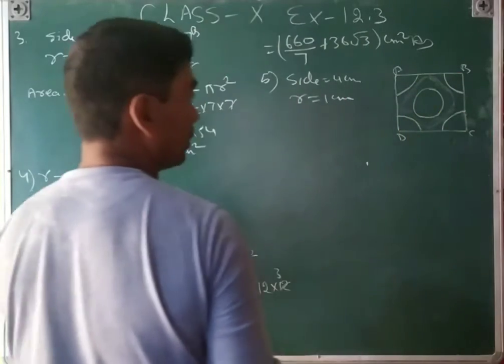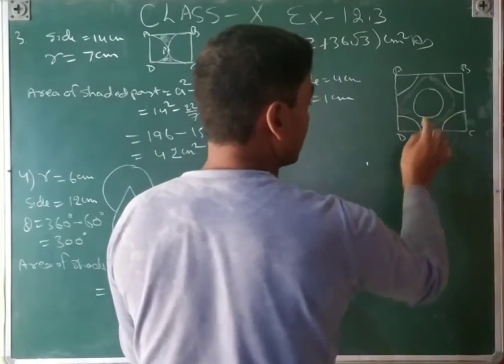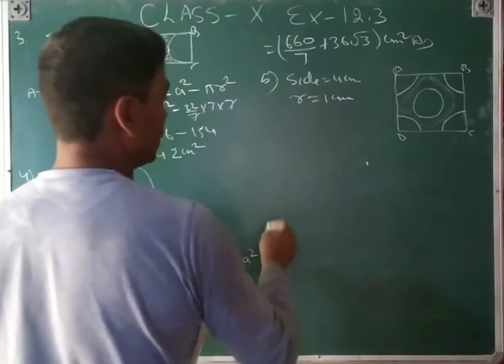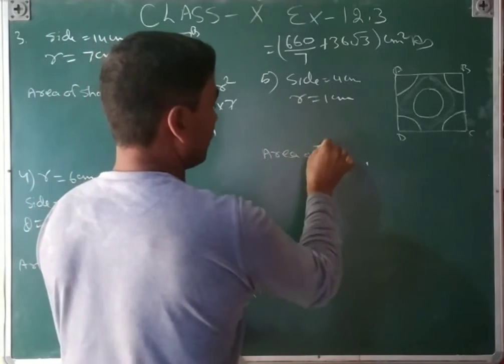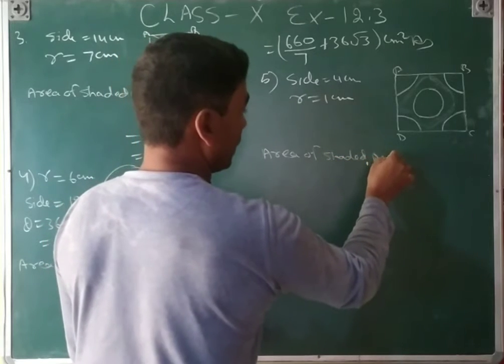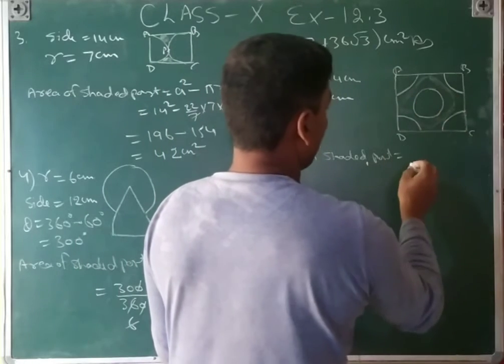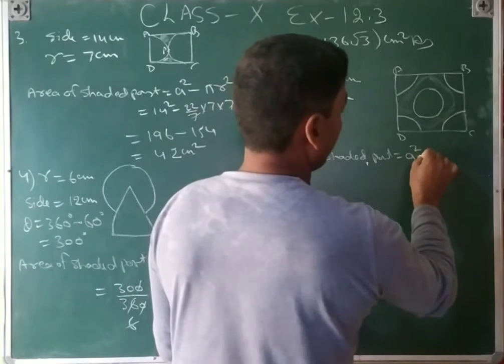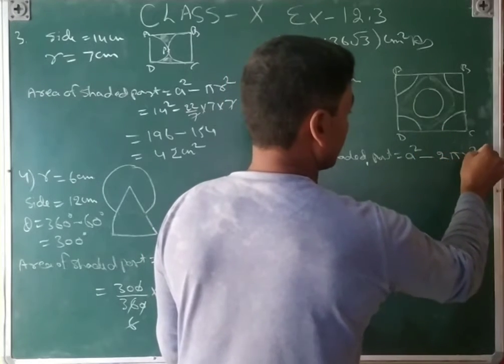So here we are looking at 4 quadrants. That means one circle and then one circle more, that is 2 circles. So area of shaded part is equal to area of square minus area of 2 circles, 2 pi r square.